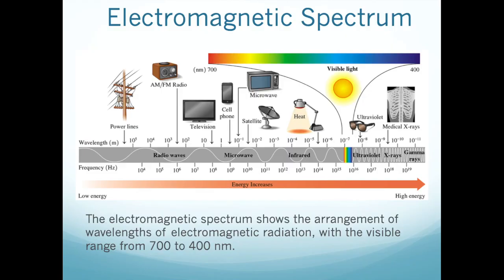To begin this history lesson, I first need to talk to you about light. Now, light is a catch-all term that we use to describe electromagnetic radiation. This is a very diverse set of radiation. Basically, it includes things all the way down from low energy radio waves all the way up to high energy gamma rays.